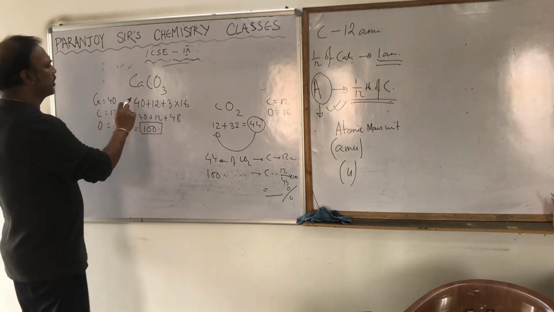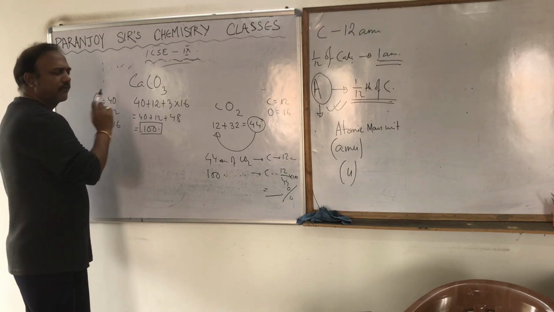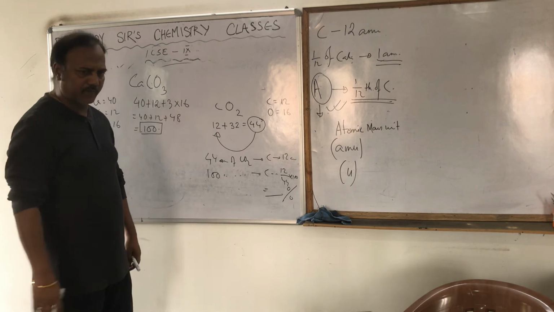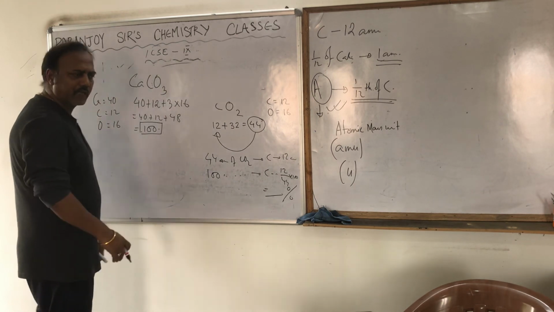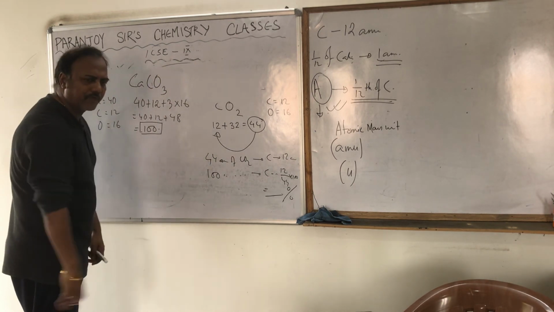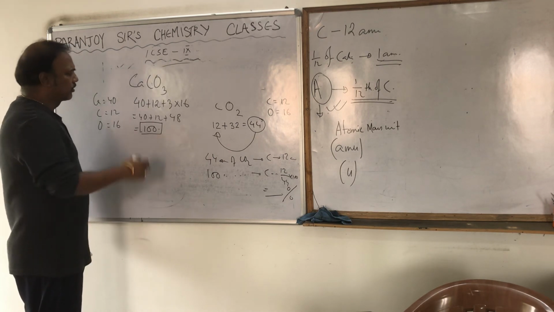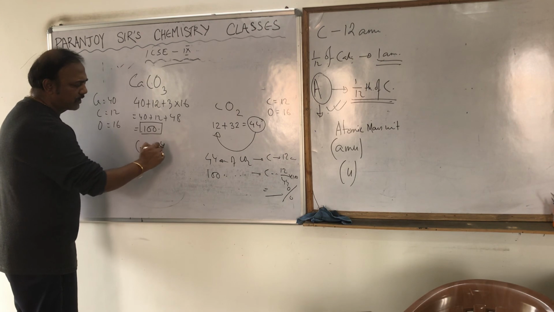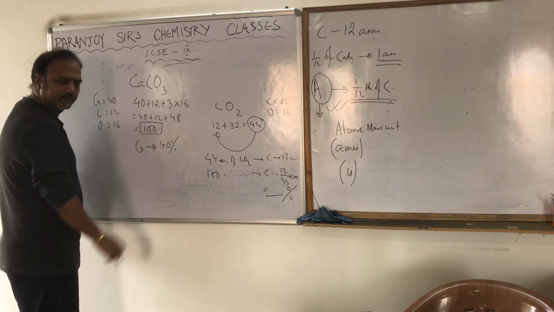Out of 100, how much calcium is there? 40 of calcium is there. You don't have to calculate how much out of 100, because this molecular mass is already 100. If it is something else, then we have to find how much is there out of 100. So the percentage composition of calcium is 40%.